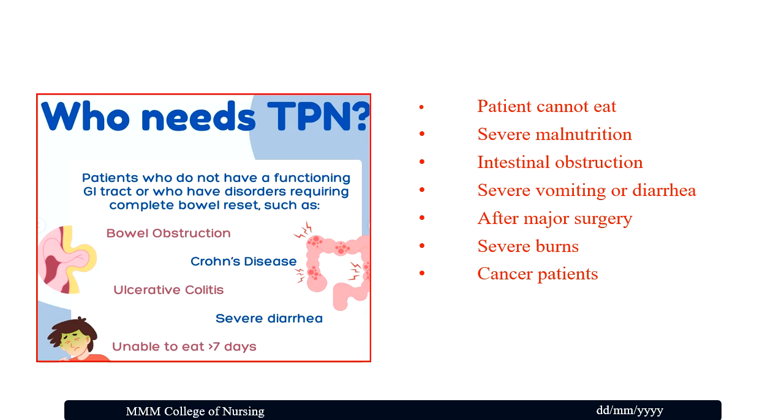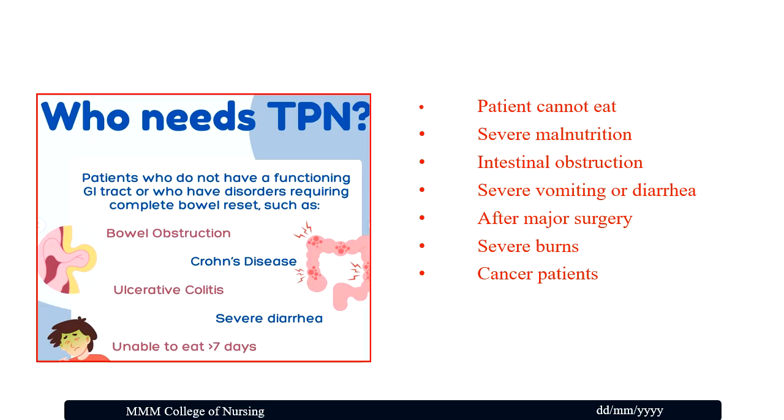So keeping this in mind, let's go on to who needs TPN. Patients who can't eat, those who have severe malnutrition, intestinal obstruction, severe vomiting or diarrhea, and people after major surgery, after severe burns, and also cancer patients.